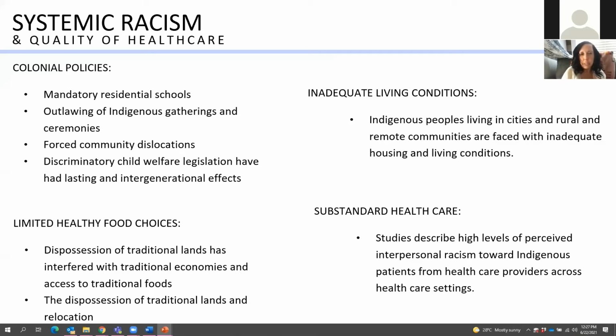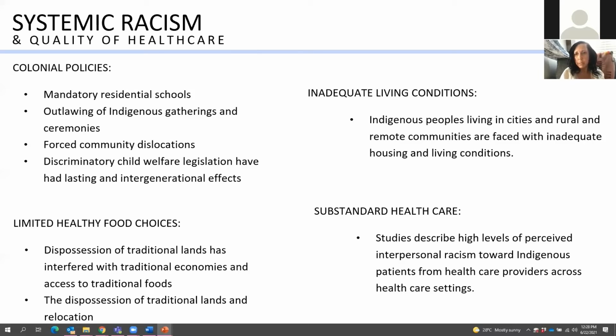In terms of colonization, residential schools continued to impact not only historically, but also, of course, ongoing trauma from residential schools. Of course, there was outlawing of gatherings, forced community dislocations, and discriminatory child welfare legislation as well. And that certainly continues on to present day.